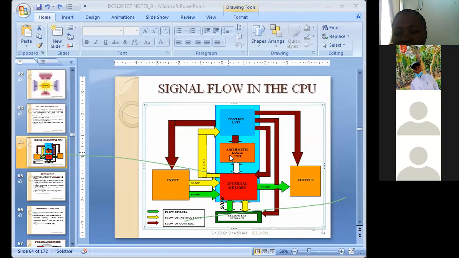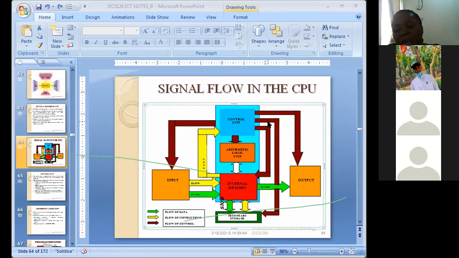All right. So the control unit also, through this brown arrow, will signal the internal memory and instruct it on how it should release this data and instruction to the arithmetic and logic units.